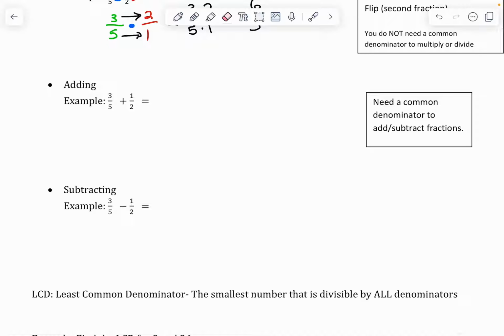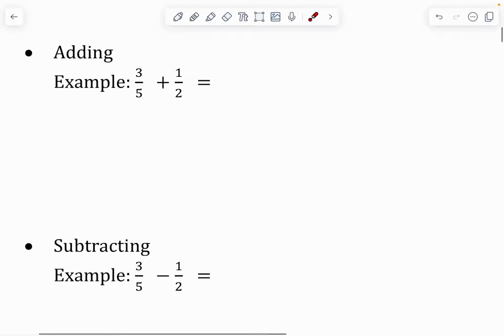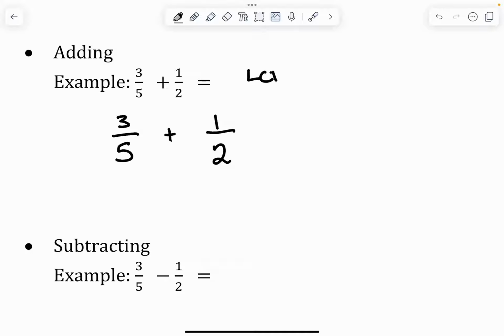So when we add fractions, we need to get a common denominator. So we need a common denominator to add or subtract fractions. So this example does not have a common denominator. Between 5 and 2, our least common denominator is going to be 10.